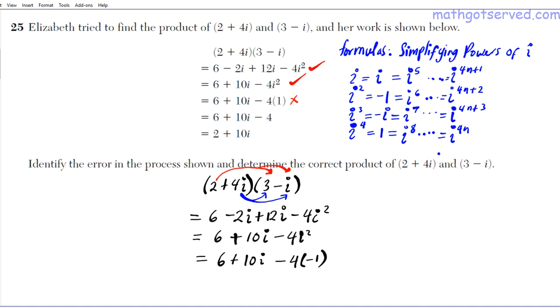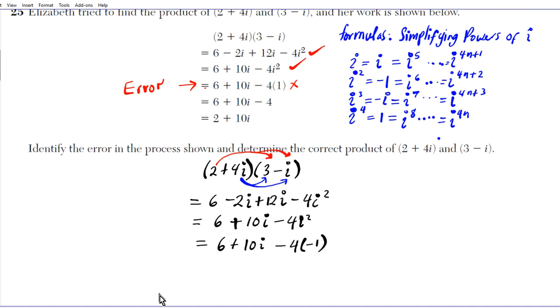Elizabeth messed up. The error Elizabeth made is that she simplified i squared incorrectly. i squared is not 1. i squared is negative 1. Okay? Alright, so let's go ahead and finish up the problem because the question asks us not just to identify but determine the correct product. So let's finish this problem off.